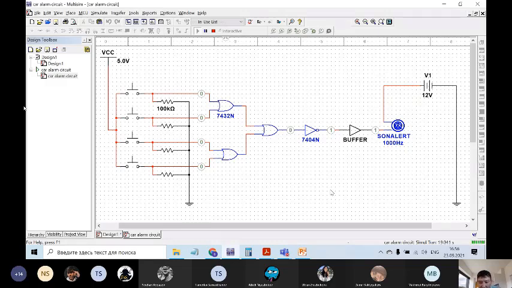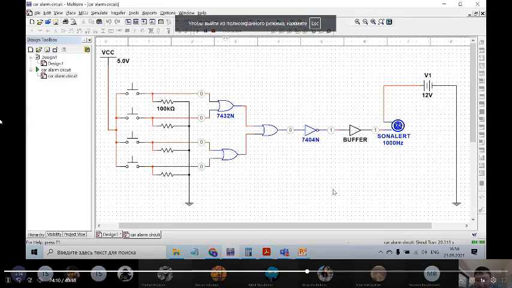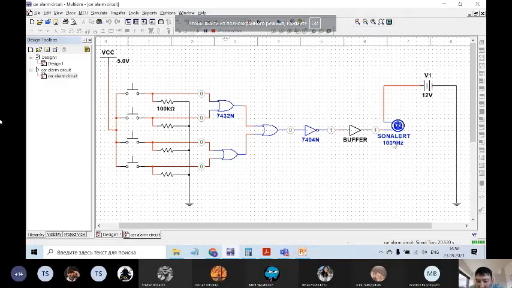Teacher, can you repeat again why we use a buffer? Okay, guys. For example, the LED is our output. This output we connect to some devices, for example an LED or others that will consume current in order to work.